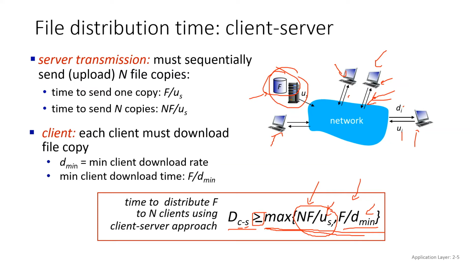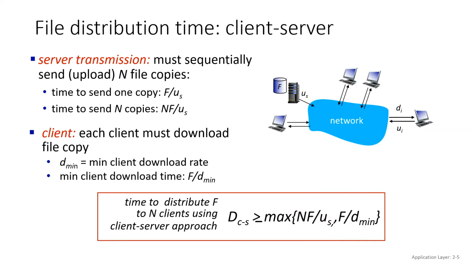But then there's also another problem. Remember that this is the server. The server contains this file, and all these computers rely on this server, and all their requests are going through a router.